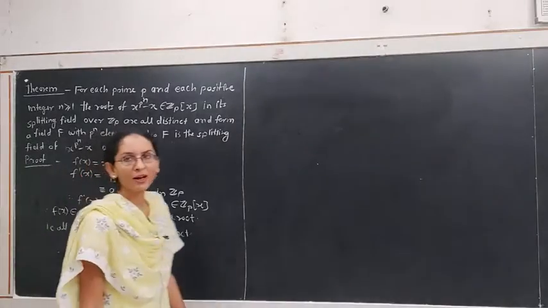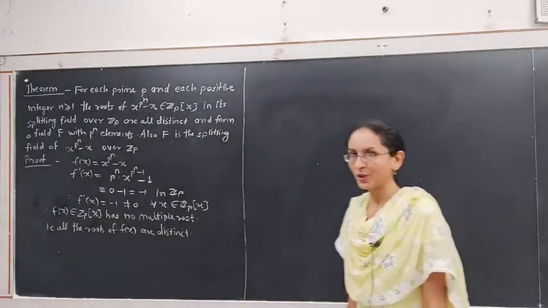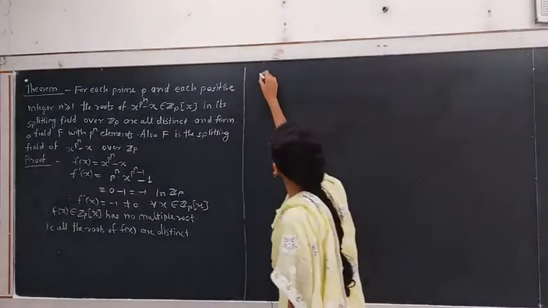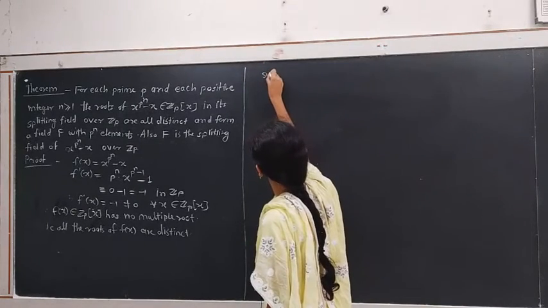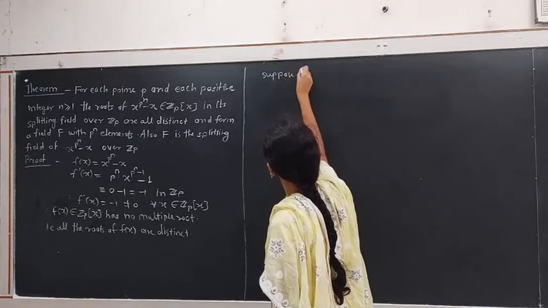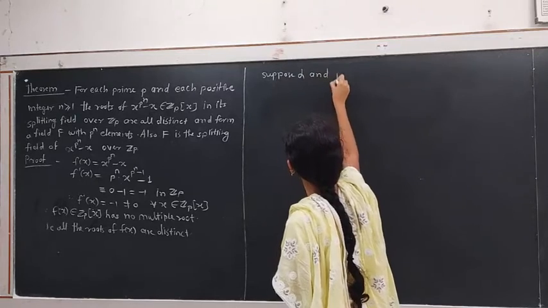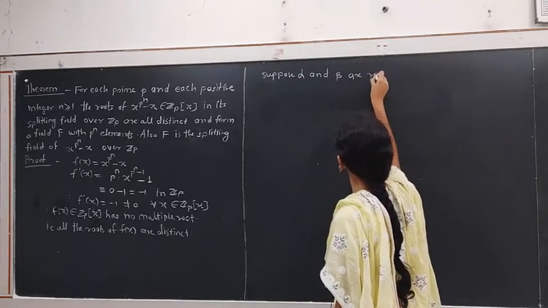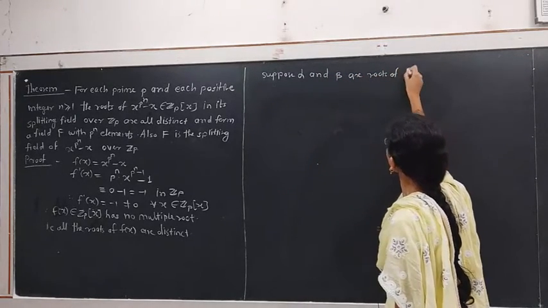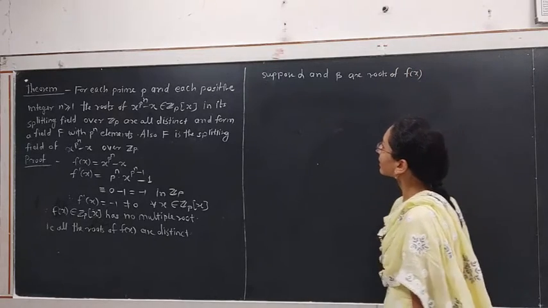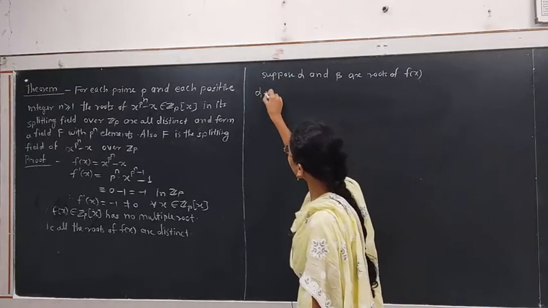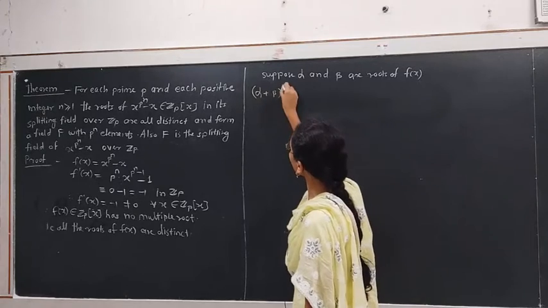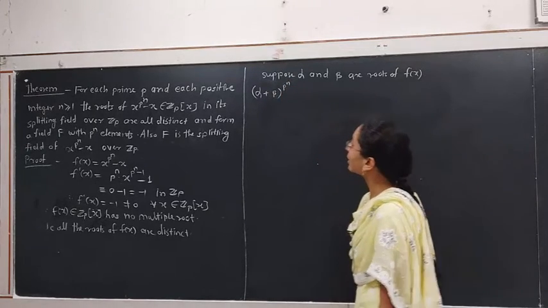Suppose alpha and beta are roots of the polynomial f(x). Then consider (alpha plus beta) raised to p^n.